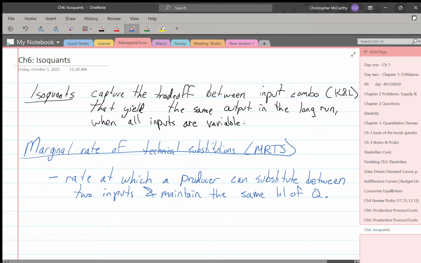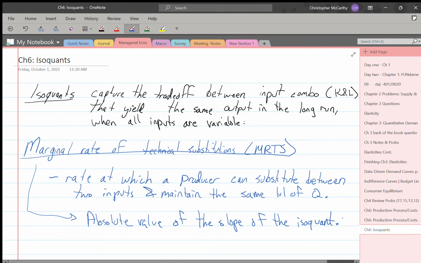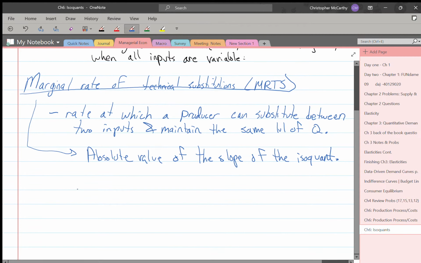And so this marginal rate of technical substitution, it is the absolute value of the slope of the isoquant. So our marginal rate of technical substitution between capital and labor is equal to our marginal product of labor over our marginal product of capital.